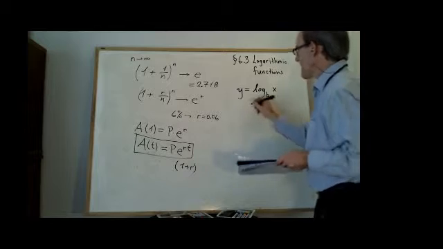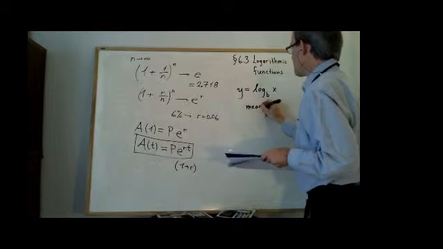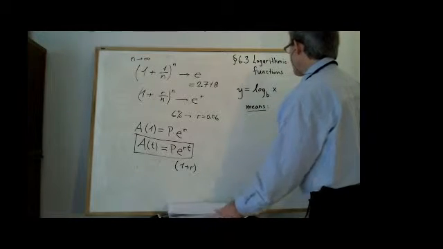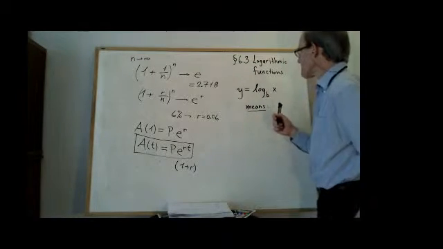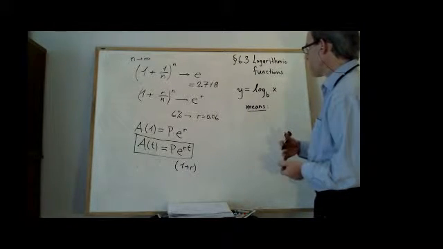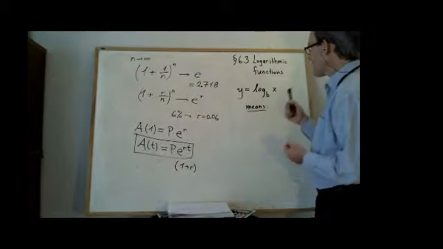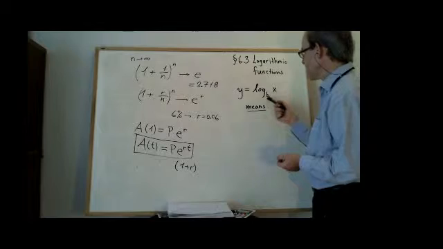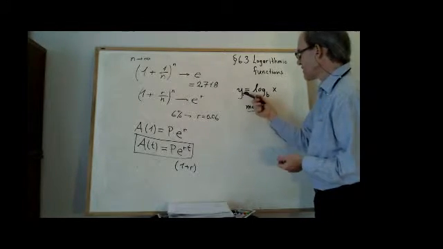And what we mean by that is the reverse of what we mean by the exponential function. We ask the question, given a value of x, what power do I have to raise b to, to get x? And that answer will be y.